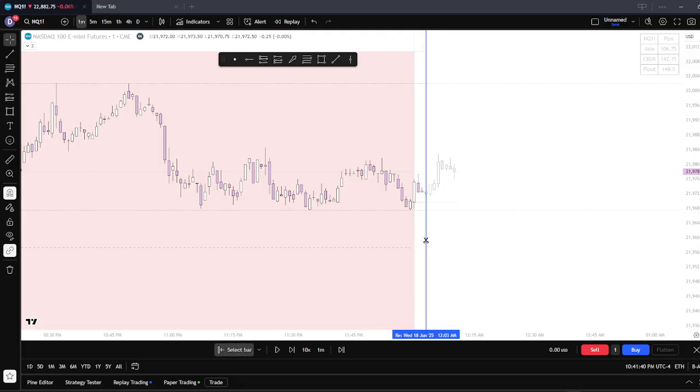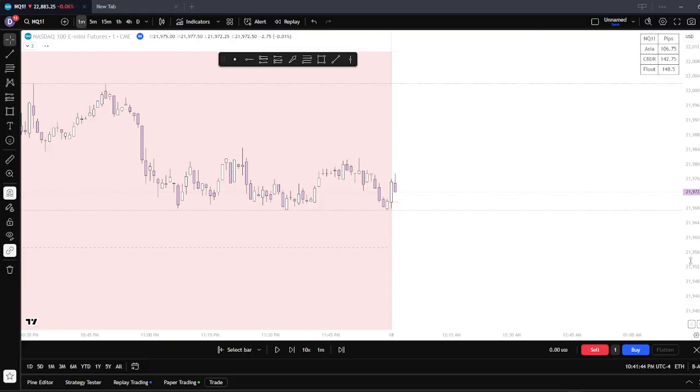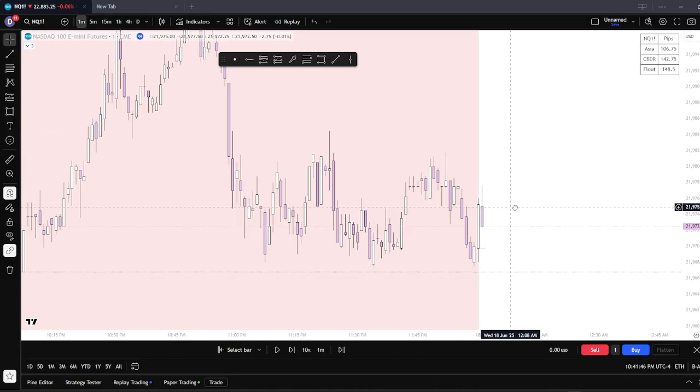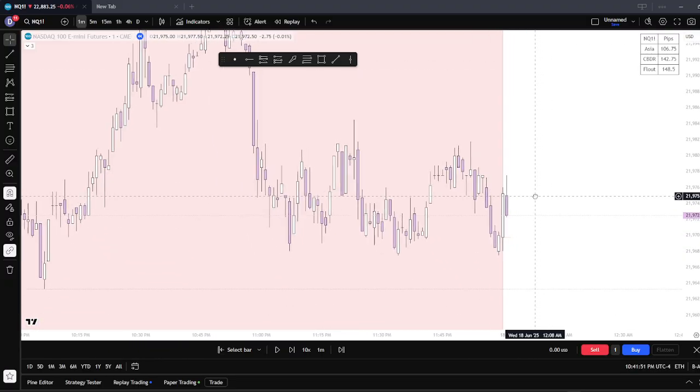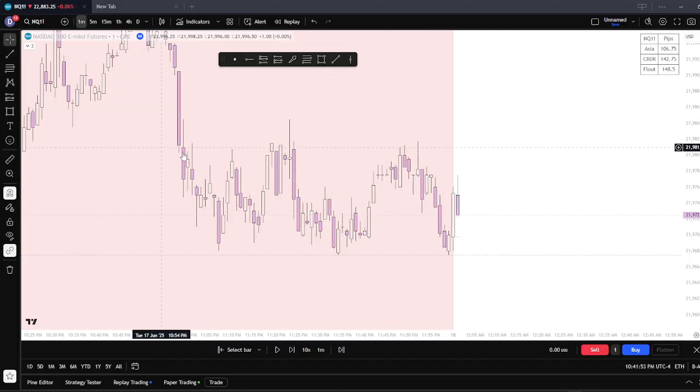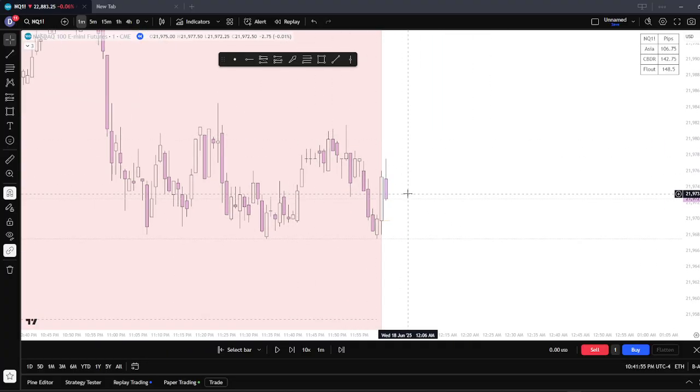I'm going to go all the way back here. A high is, well, I know TJR teaches them pretty well, but I'll be teaching you the formation right here.